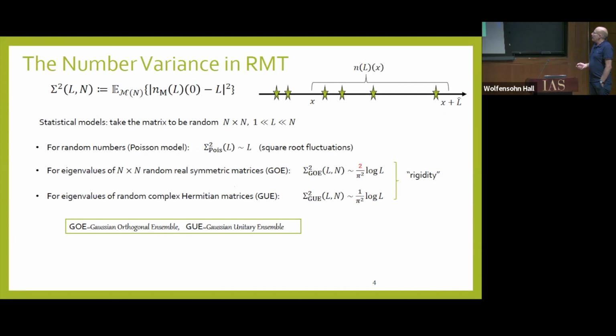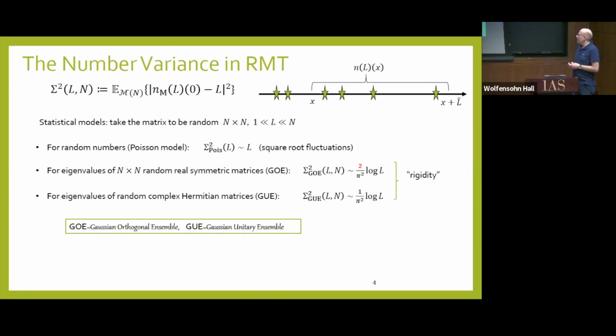We take an n by n matrix and look at a window which is supposed to contain L eigenvalues, and we think that L is growing with n, but still significantly smaller than n. If we take a matrix to be diagonal, meaning you just take n random numbers, then, as we know well, the fluctuations are going to be of size square root of the expected value. So the variance will look like L, like the expected value. That's the Poisson model.